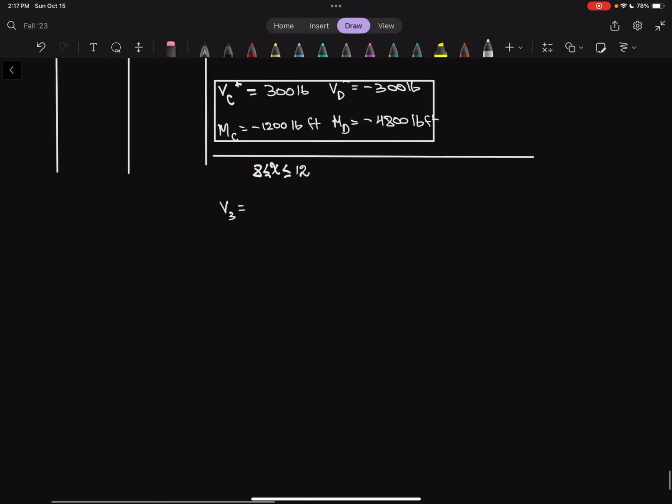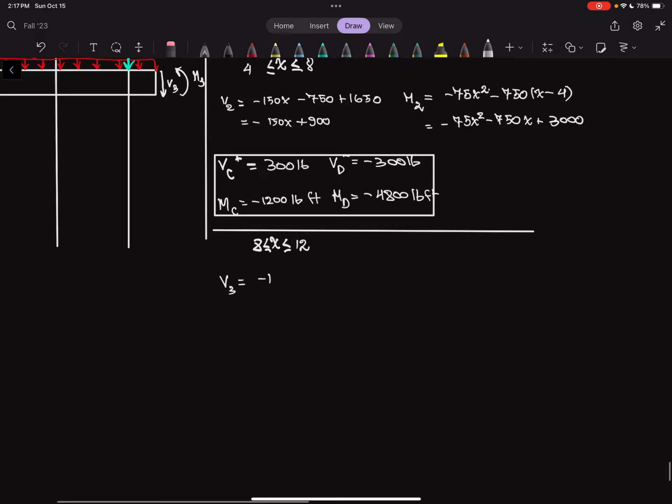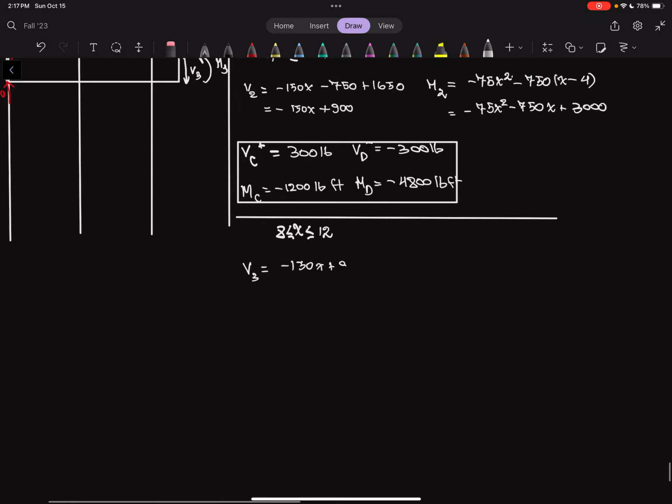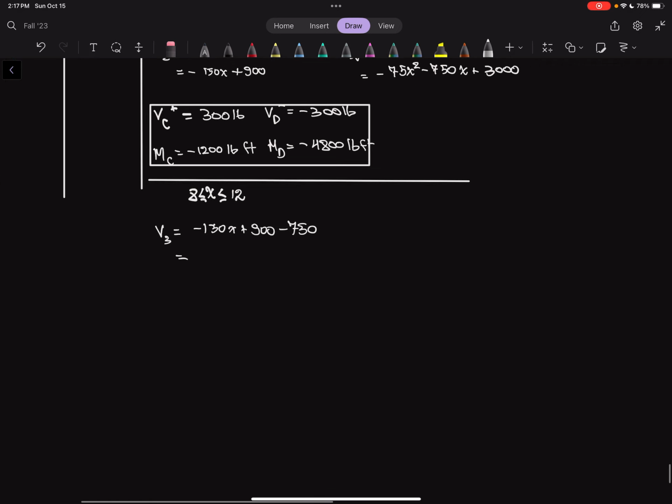So V3 is going to be what we have before, which is minus 150x plus 900 minus another 750. Plus 900 minus 750, so that really becomes plus 150. Minus 150x plus 150.